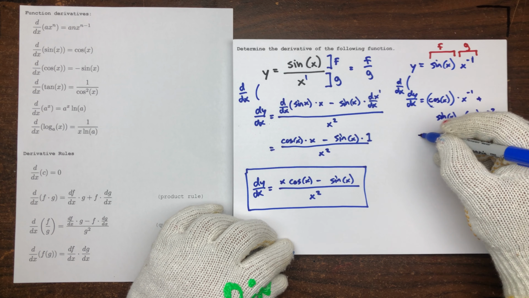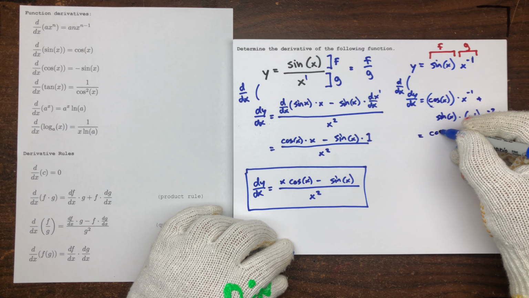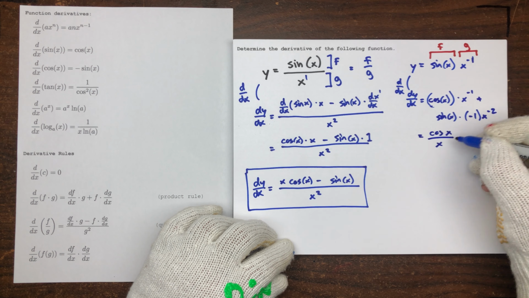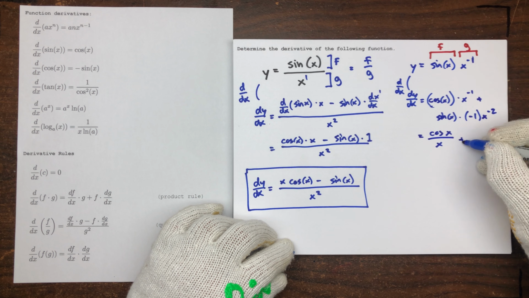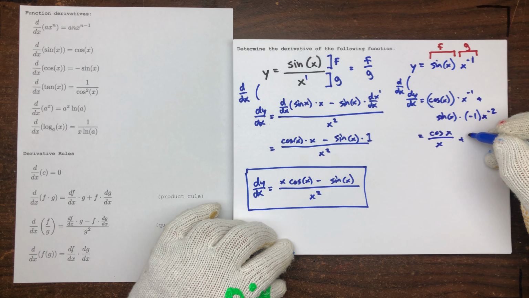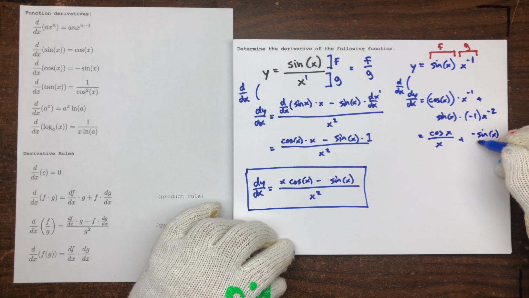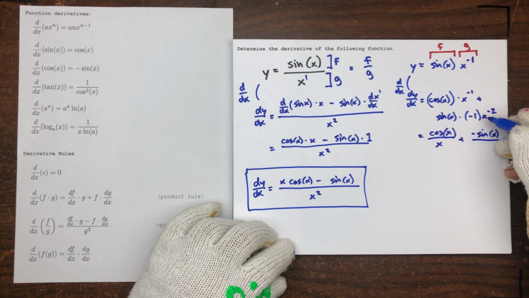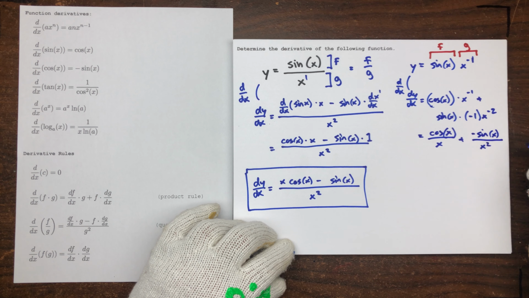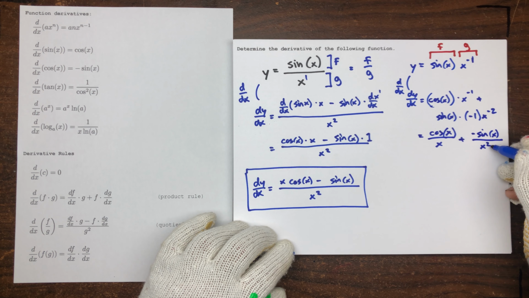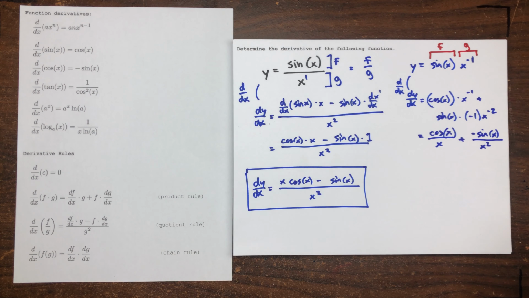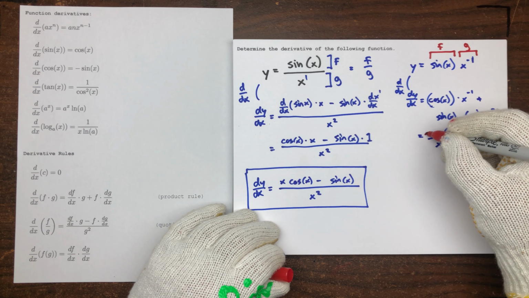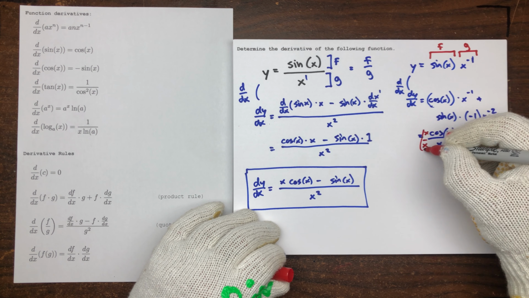Okay, so let's clean this up a little bit. So we're going to get cosine of x all over x to the power of 1. That's this one. Plus, oh, it's actually minus, so I'll put the minus up here for now. Sine of x all over x to the 2. Okay, x squared. Now, if I wanted to make these over the same denominator to bring them all together, I'll just multiply this equation by 1, which is x over x.